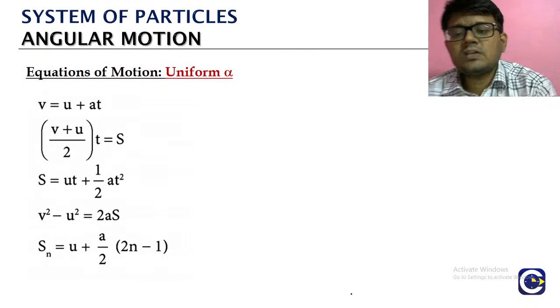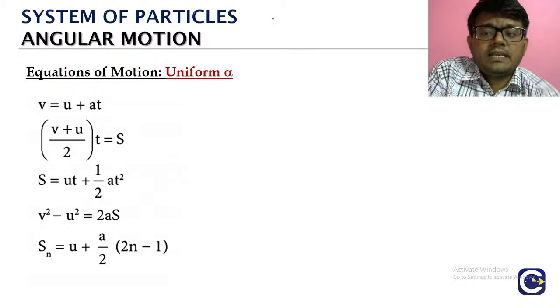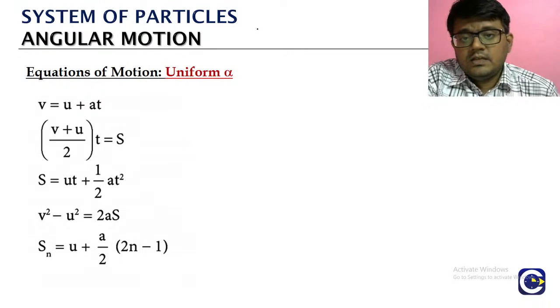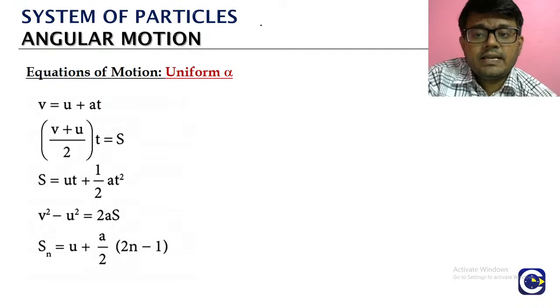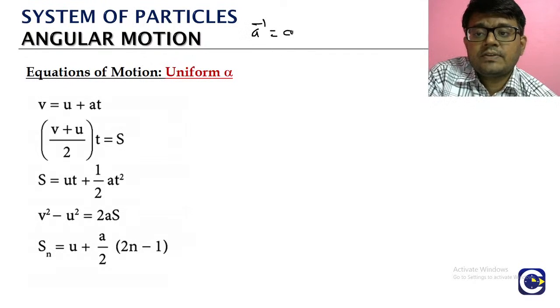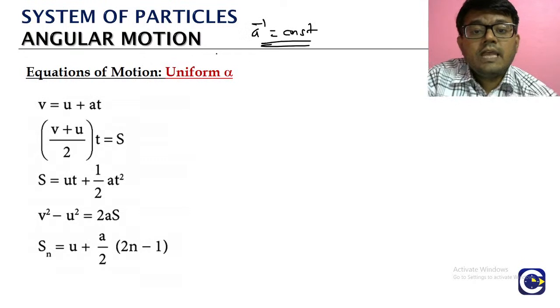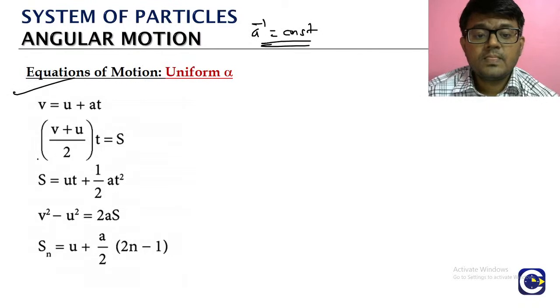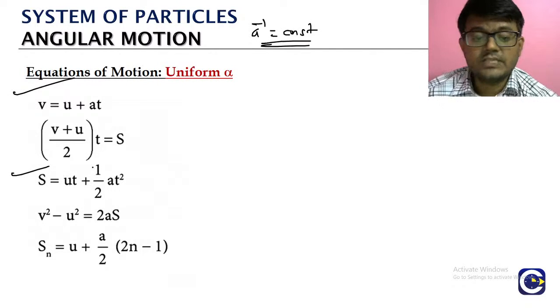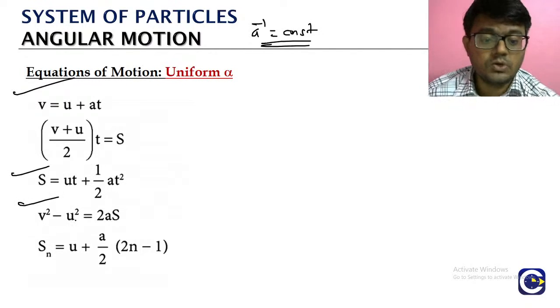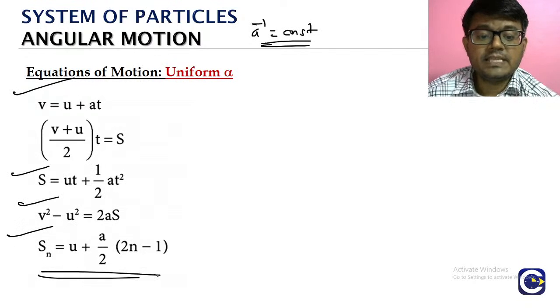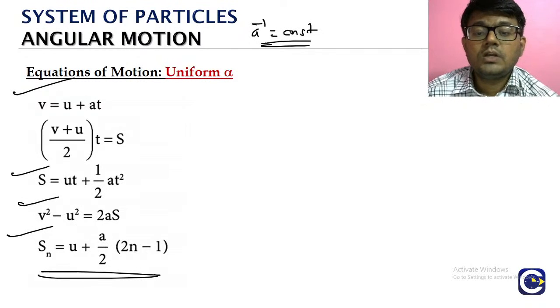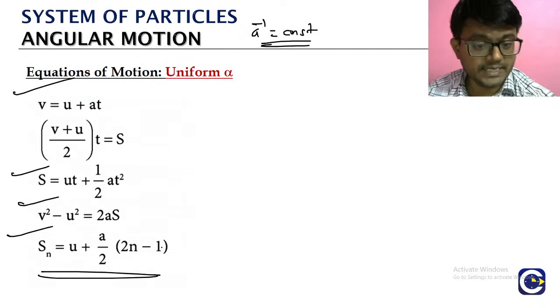In the case of uniform acceleration, like in kinematics, if acceleration is constant, we had these equations of motion: v is equal to u plus at, s is equal to ut plus half at square, v square minus u square is equal to 2as. The displacement in the nth second formula, Sn is equal to u plus a by 2 into 2n minus 1.